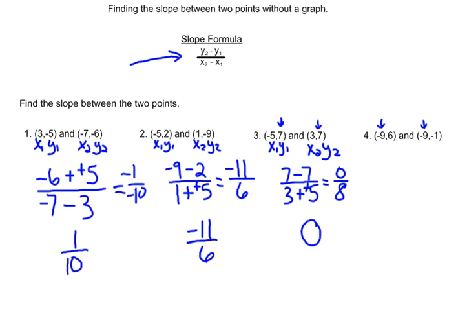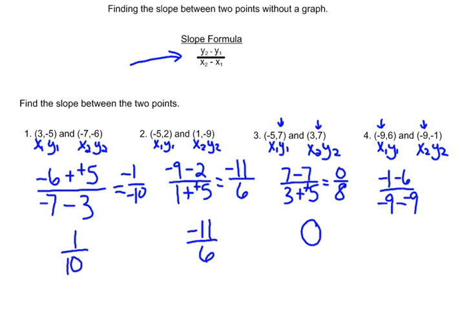Taking a look at number 4, we label this x1, y1, x2, y2. So we're going to plug this into the slope formula, and y2 is negative 1 minus y1, which is 6, over x2, which is negative 9, minus x1, which is negative 9.